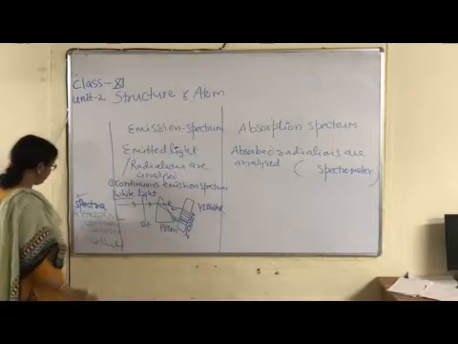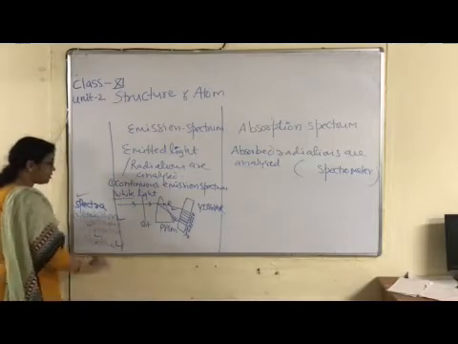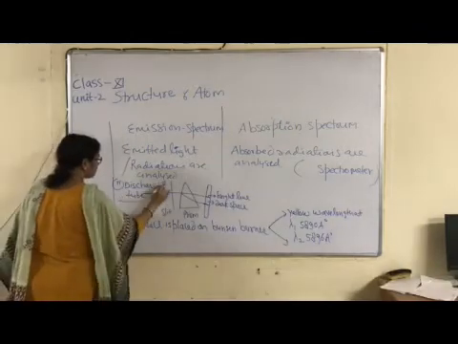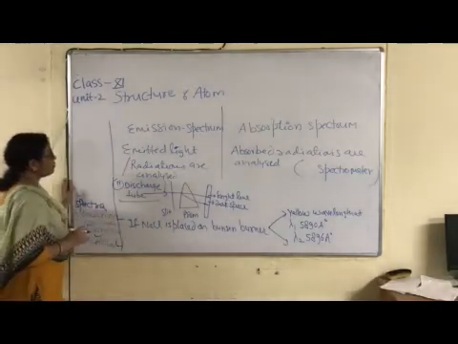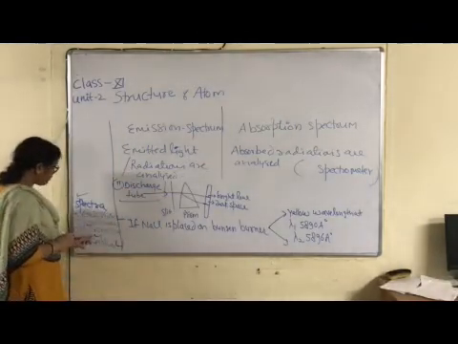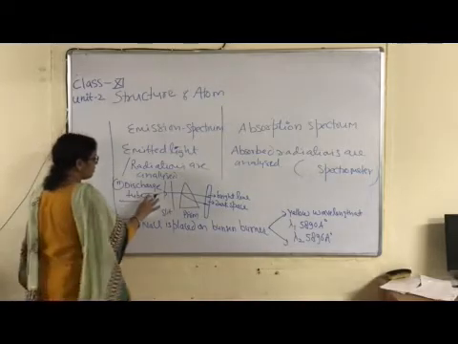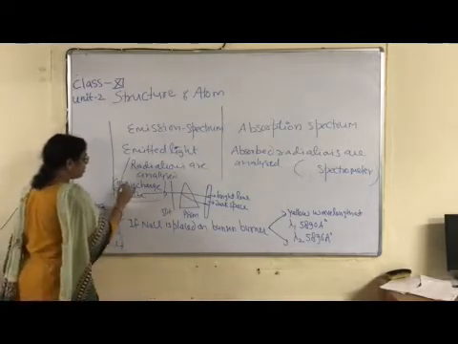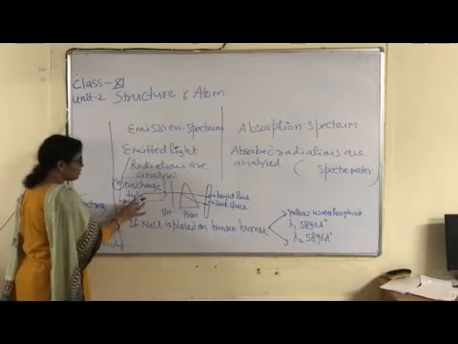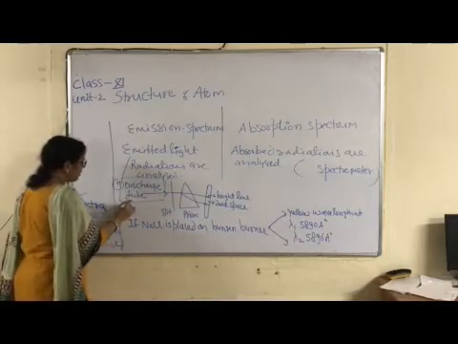Now the second type of emission spectrum is discontinuous spectrum. When radiations come from a discharge tube, what is the source of radiations? Discharge tube means high voltage.